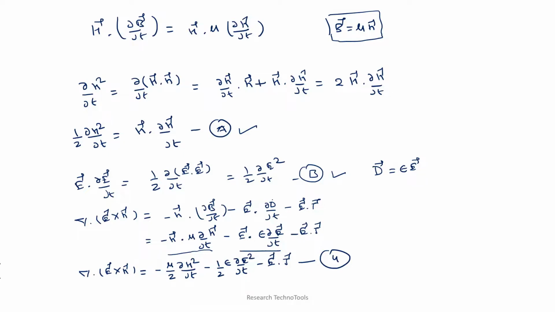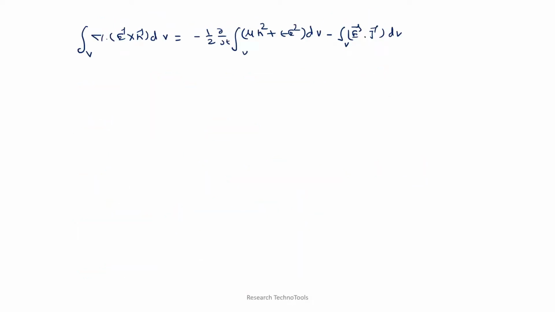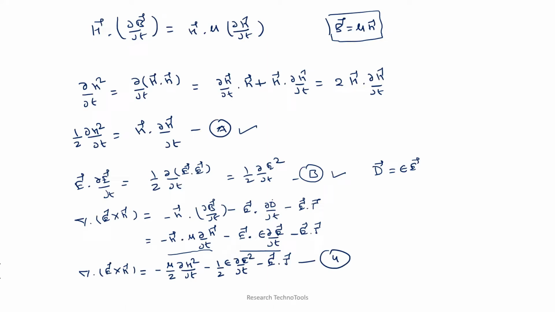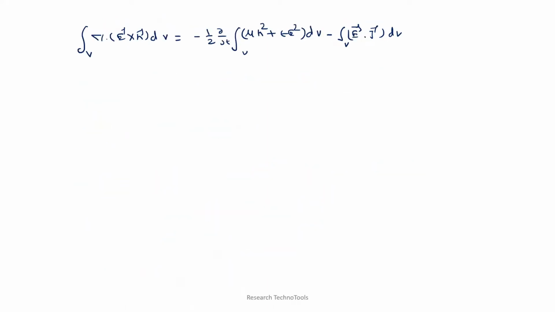We have taken common minus 1 by 2 and the time derivative outside of the integral. Inside we have written mu H square plus epsilon E square, and the last term was minus E vector dot J vector. So we have taken here the volume integral. Now by using the Gauss divergence theorem, we can change the volume integral to the surface integral.